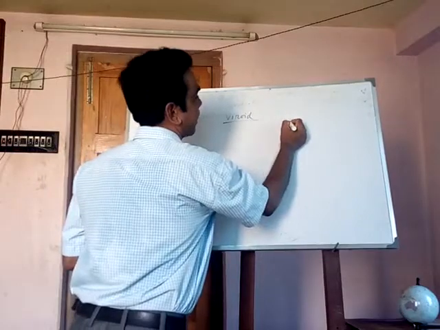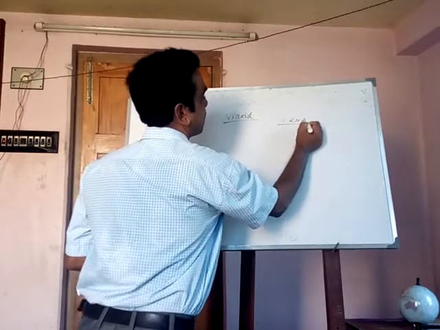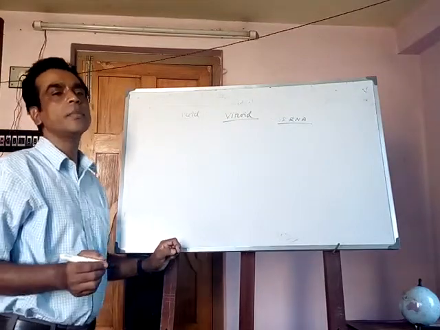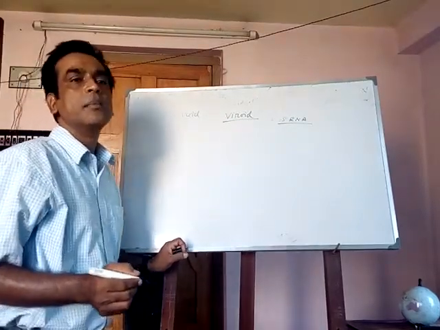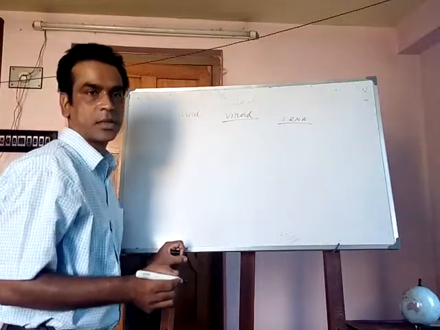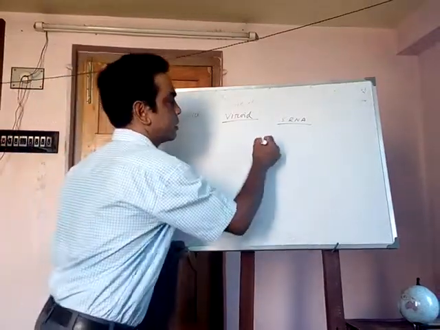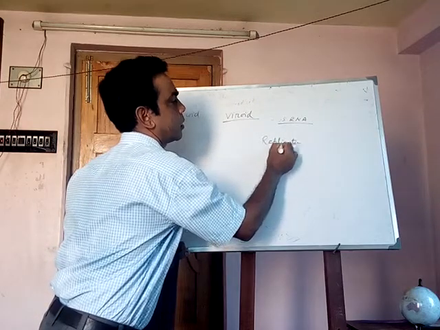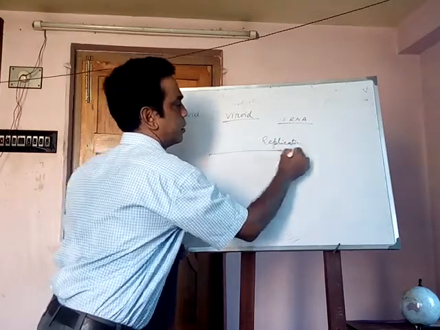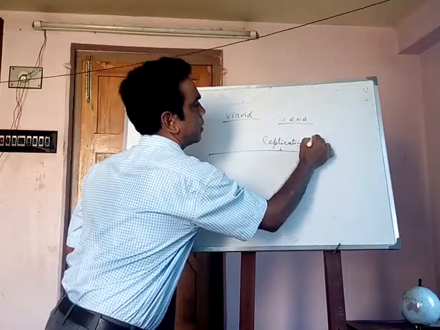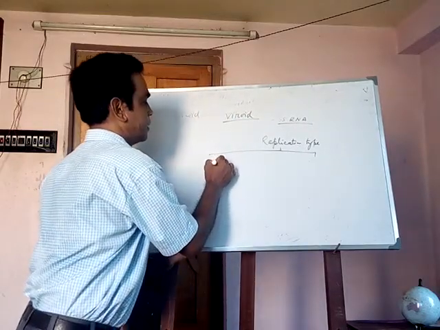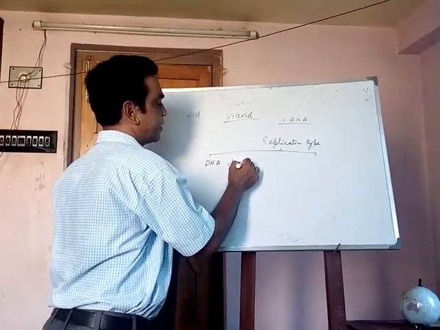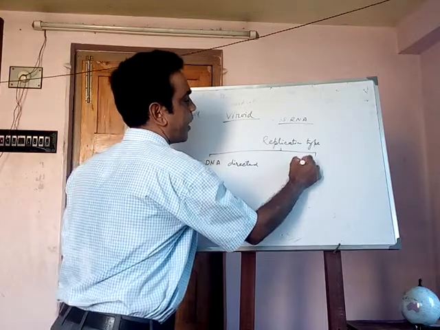Two types of replication are found in viroids: DNA directed and RNA directed.